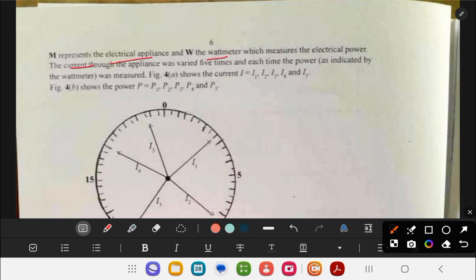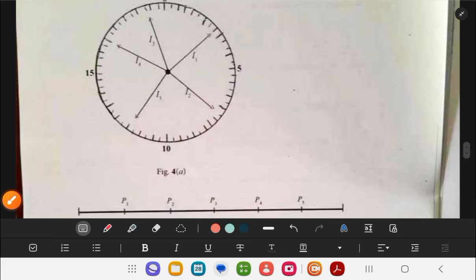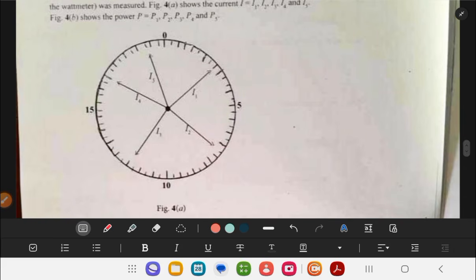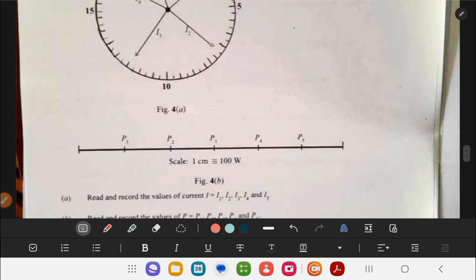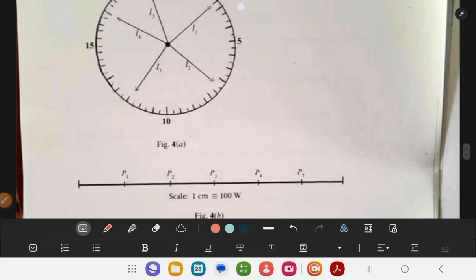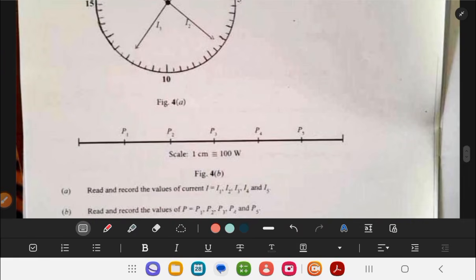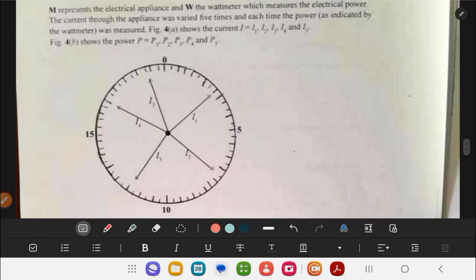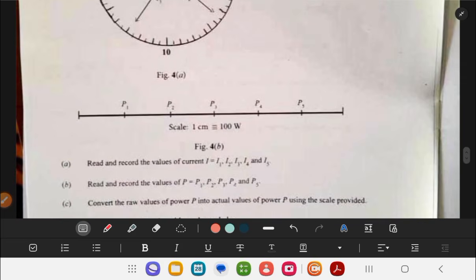The current through the appliance was varied 5 times, and each time the power was measured. So this is figure 4. Now we are supposed to find the readings for the current and then for the power as well.